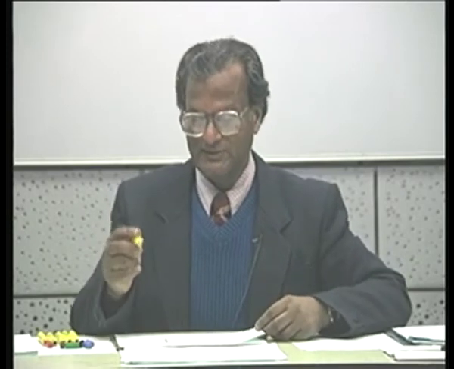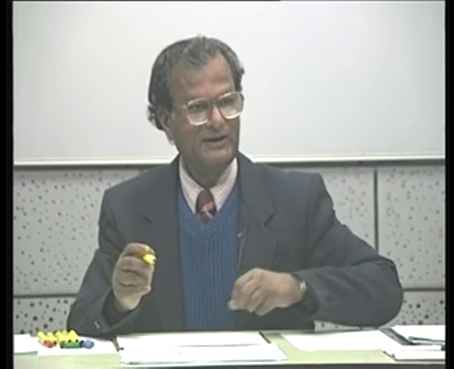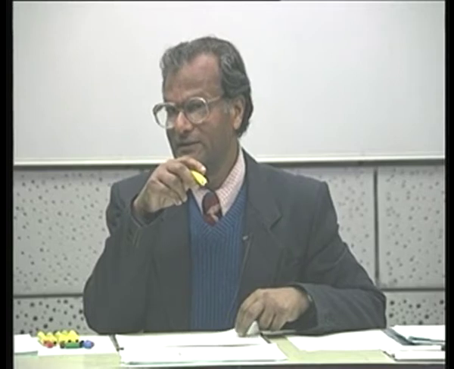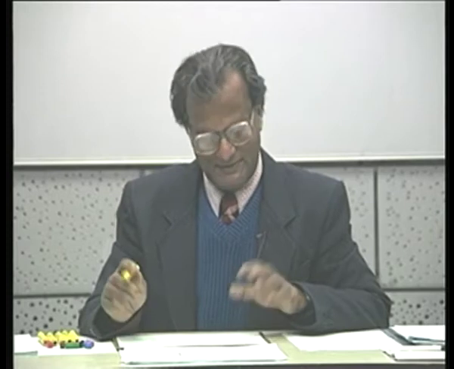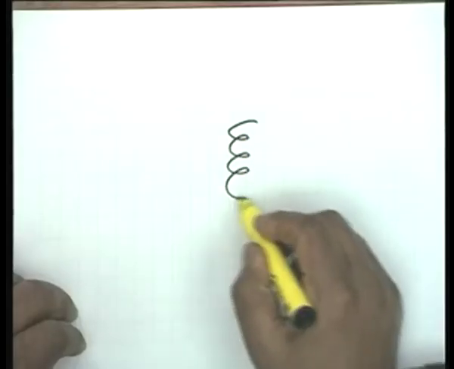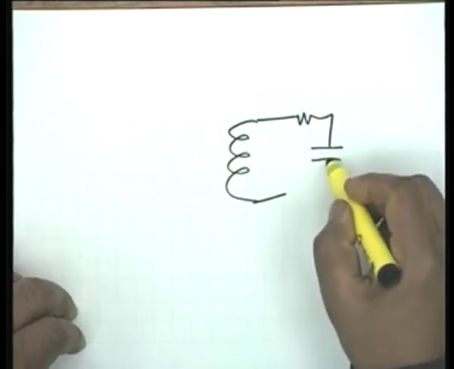Now, that completes the example. Now, if I had taken the output across the inductor, could I have taken the output across the inductor? Which means, hold it, there is a problem. Across R and R. Across the inductor.